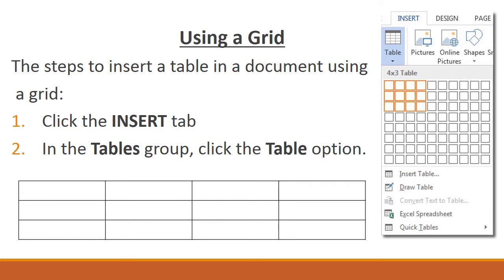These are the default grids. You can select different grids from the given options, and simply by selecting and clicking, the table of the same number will be inserted in your document. For example, this time a table of 4 columns and 3 rows is inserted.